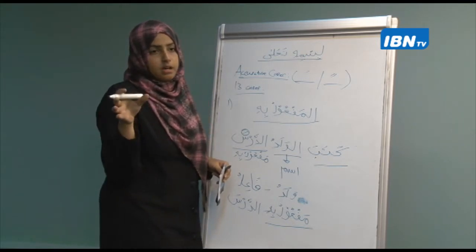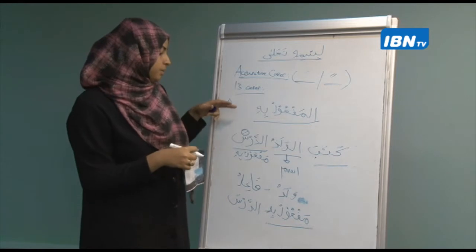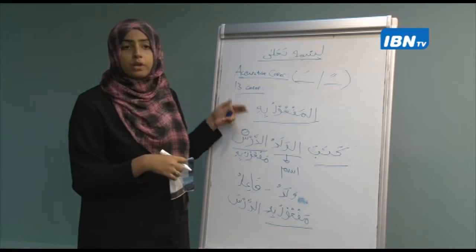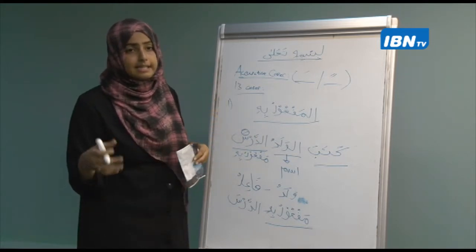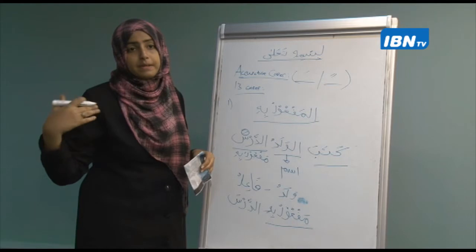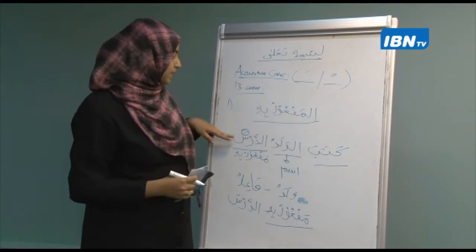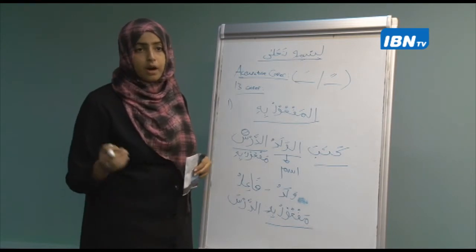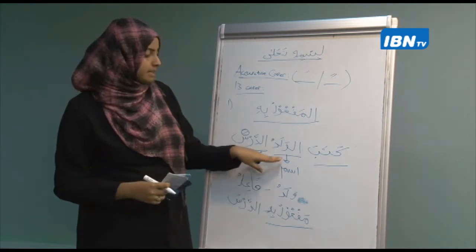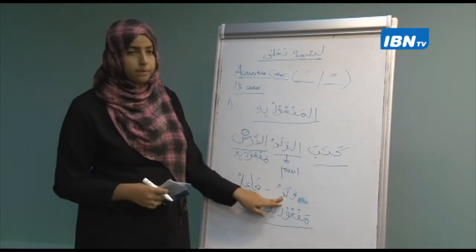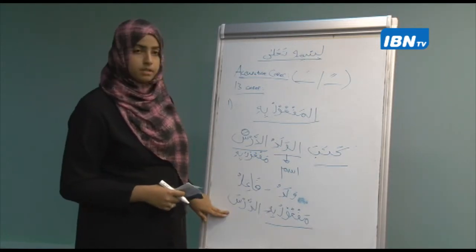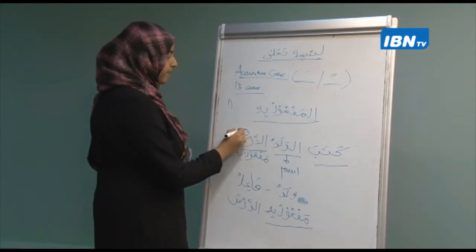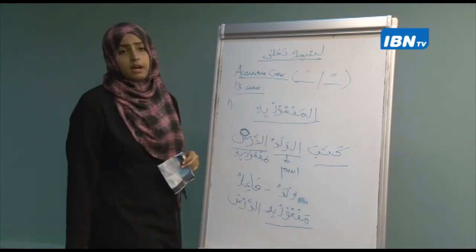So the boy wrote the lesson, meaning the lesson is being written. The action is being done about the lesson. The doer of this action, my fa'il, is the boy, al-waladu, and the maf'ul is الدرس, right? So مفعول will always carry an accusative case.